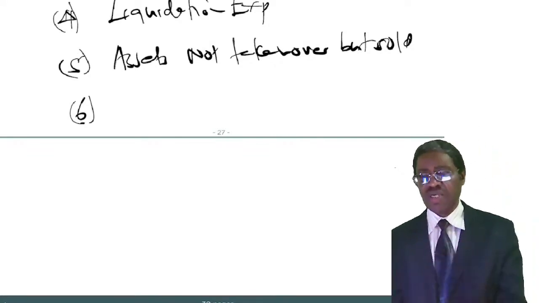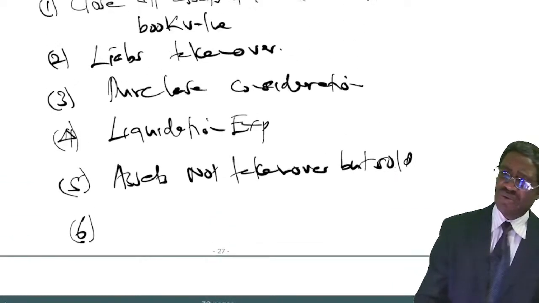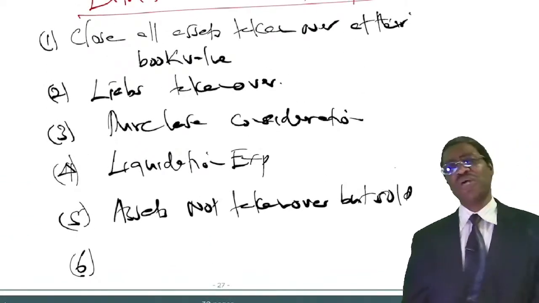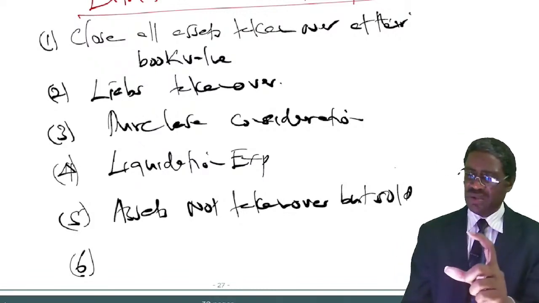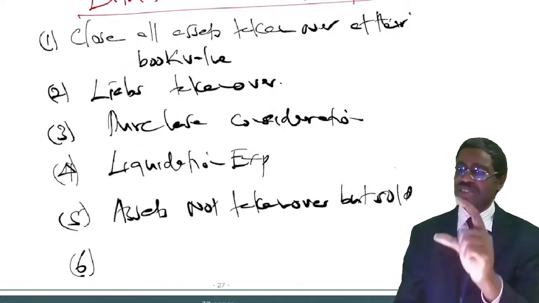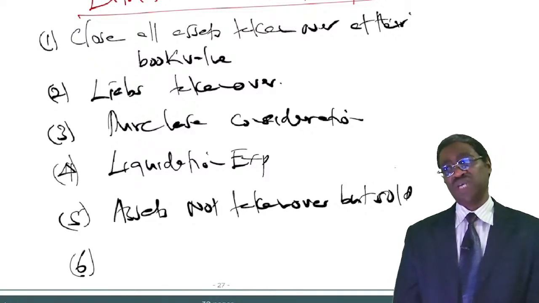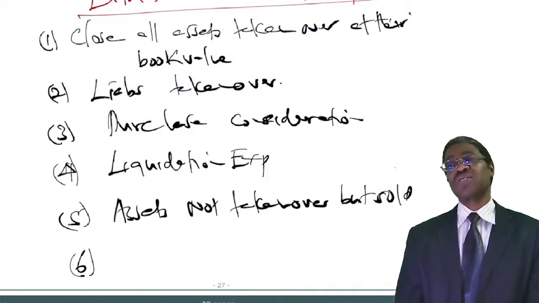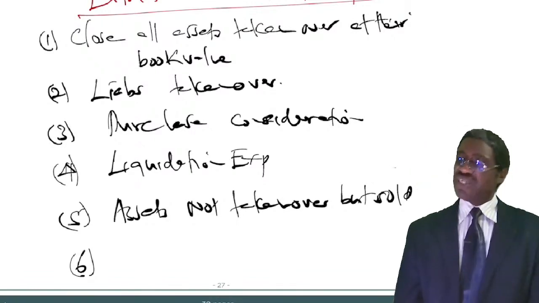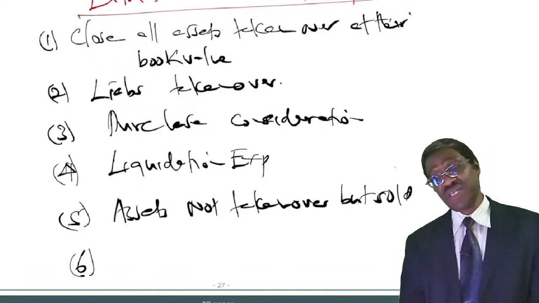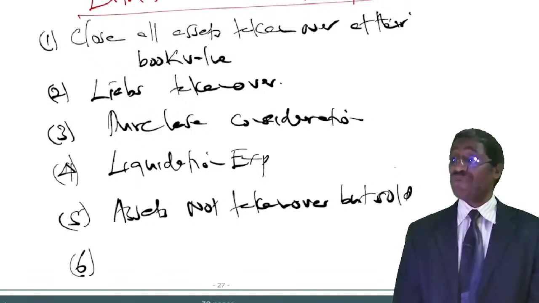Let me go to number 6 now. For number 6, I want to take you back to number 2. Number 2, we said, with liabilities taken over. If you gave out your creditors, we have to debit creditors and credit realization. You gave out your debentures, we debited debentures, we credited realization. That's what we did for number 2.